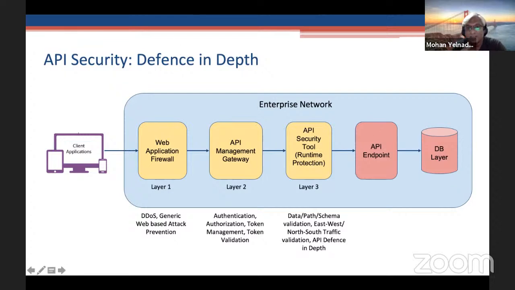There are different ways of implementing RASP. It takes a copy of the traffic, analyzes it in real time, and it works the closest to the application layer compared to a WAF or a network firewall, right?